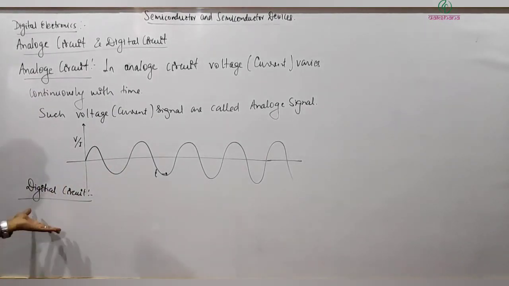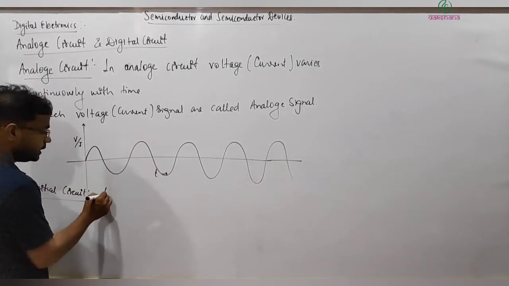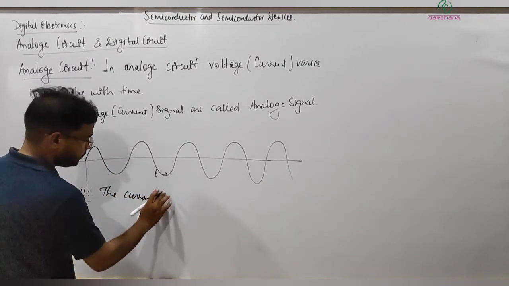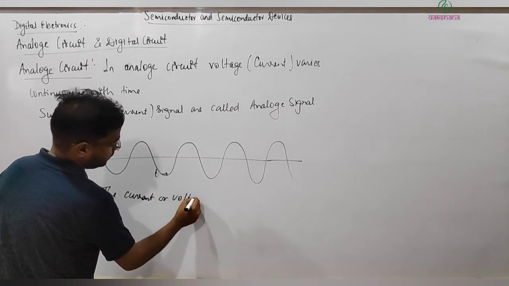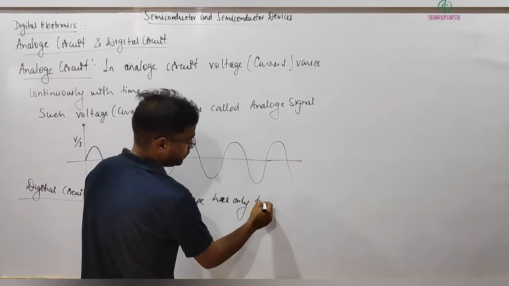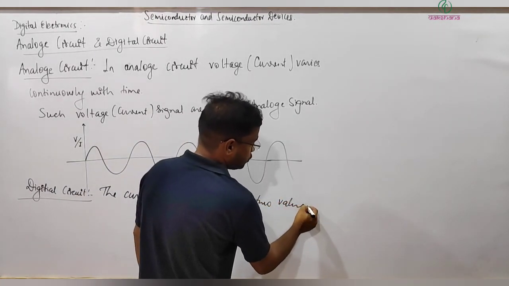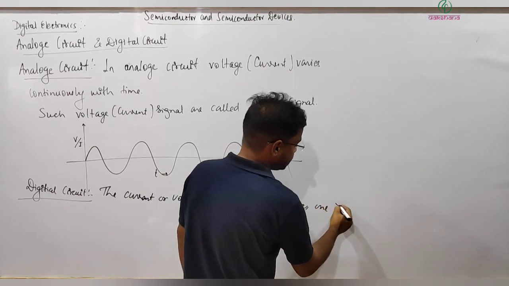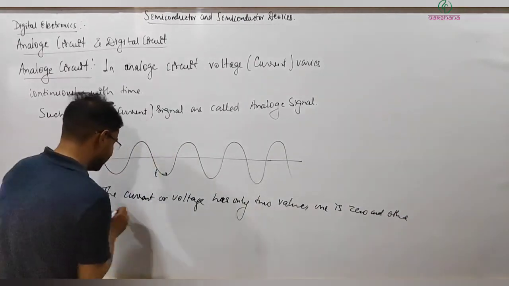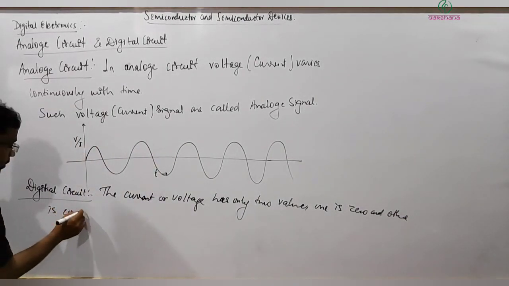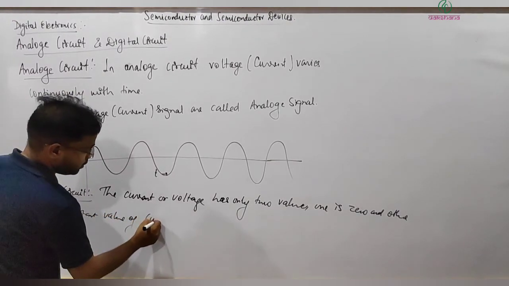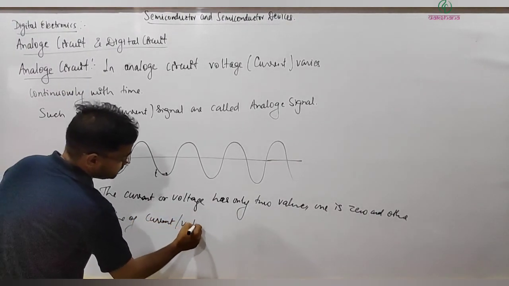Another is digital circuits. In a digital circuit, the current or voltage has only two values: one is 0 and the other is some constant value of current or voltage.